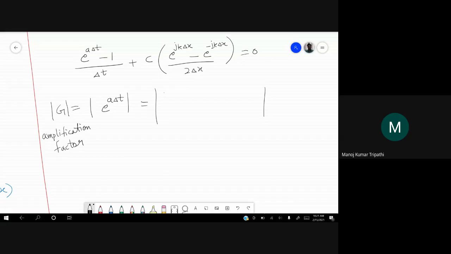So you will have cos k delta x plus j sin k delta x, and then from the second term we will have minus, so right now I'm just writing this part here, it is not equal to this.